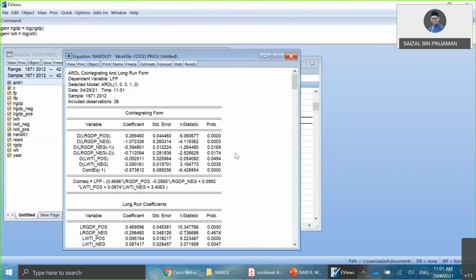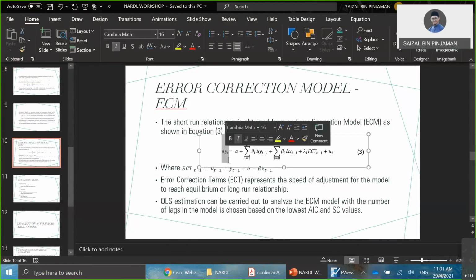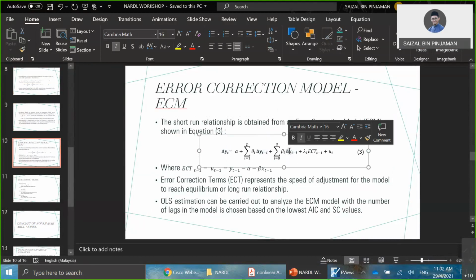So how to run the ECM model manually or separately? Well, let us first go back to the ECM model here. You can see that the ECM model comprises these important components: the dependent variable is a function of the difference form of itself in lag value, the difference form of the independent variable in current value and in lag values, as well as the error correction term in lag value.